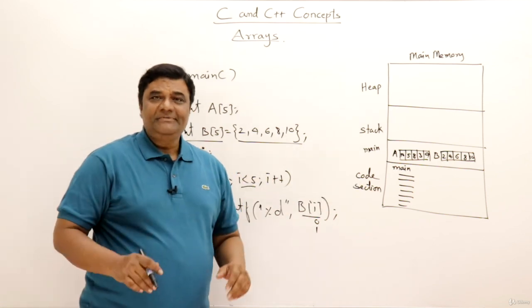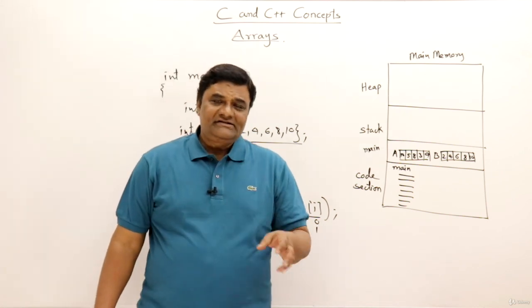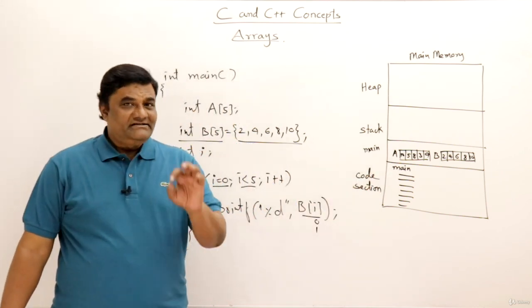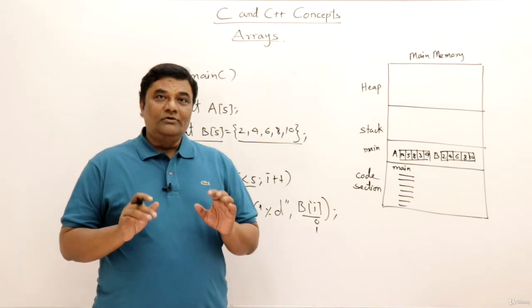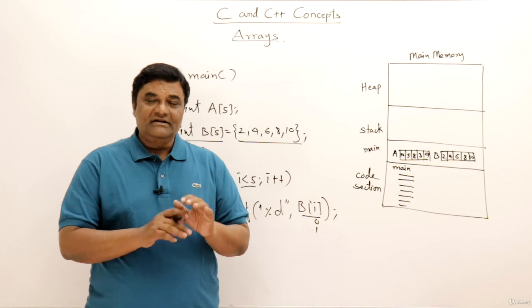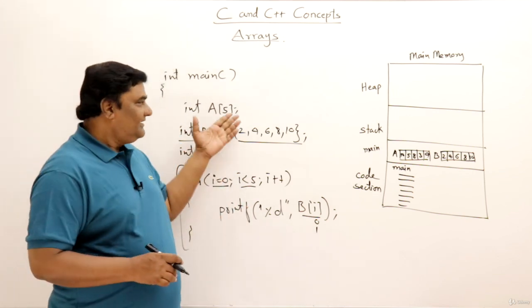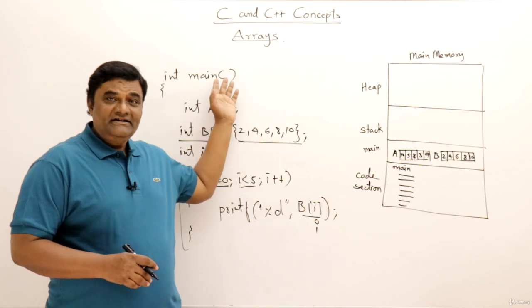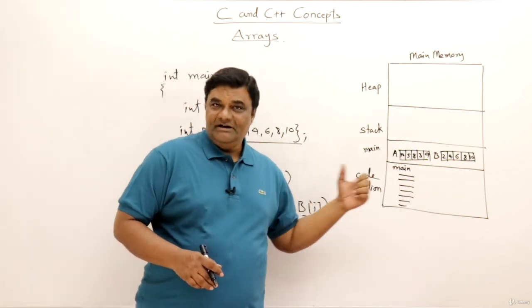That's it. This is sufficient because we have a very big topic called arrays. We are going to learn lots and lots of things about arrays. Just as an introduction, as a revision, I have done it. The points that I have discussed, let me put them together. I have explained what an array means, how to declare and initialize it, and where it will appear inside the main memory when it is declared inside a function.